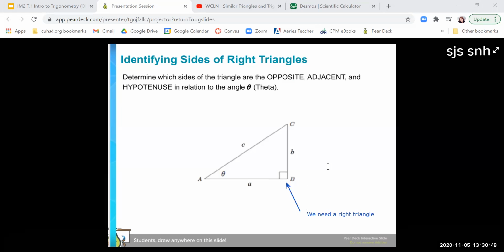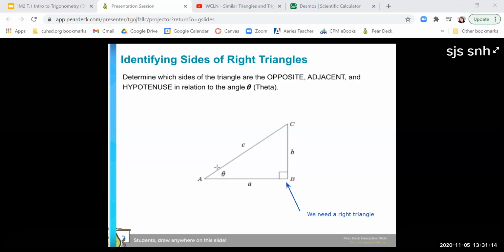The other thing we need to be aware of is the angle that we focus our attention on. So the right angle is essential for us to do the problem in the first place, but then we kind of ignore it and we look for one of our other two angles, an acute angle. And angle A here is the one that is chosen in this particular situation.